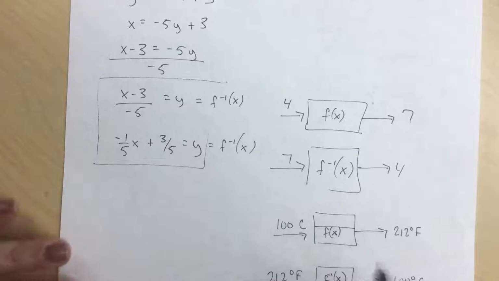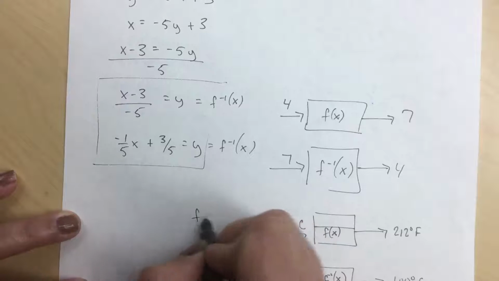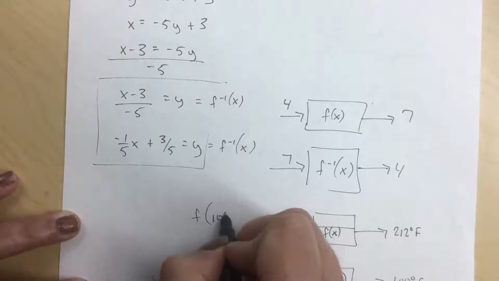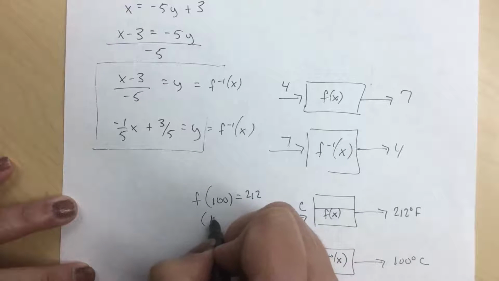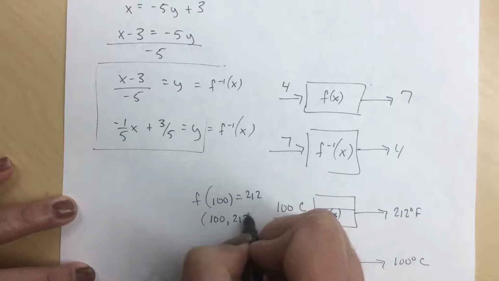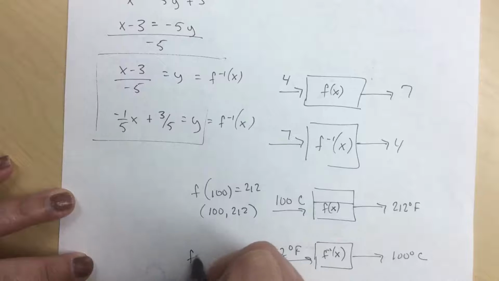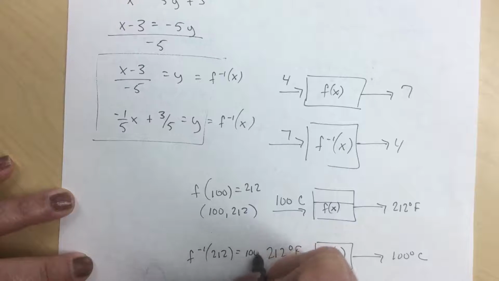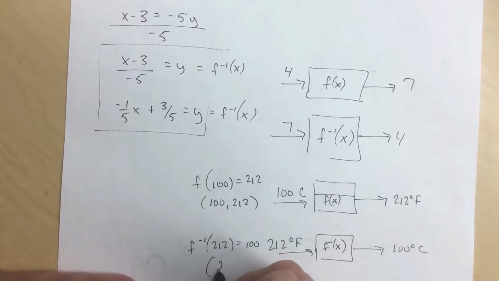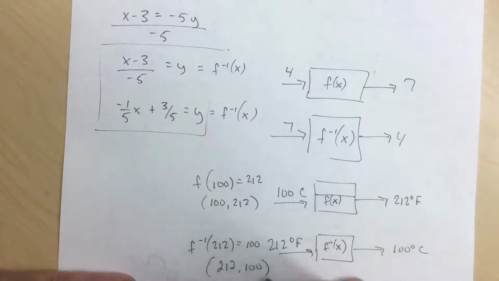Notice on this function, f of 100 is equal to 212, so that would correspond to the ordered pair 100, 212. And this one, f inverse of 212 equals 100, would correspond to the ordered pair 212, 100.